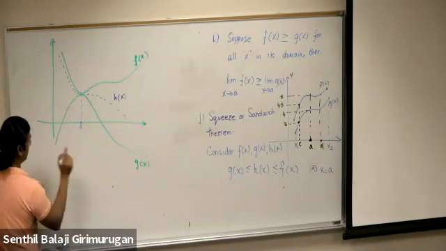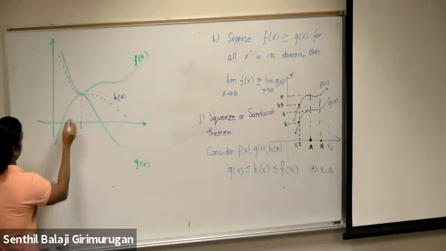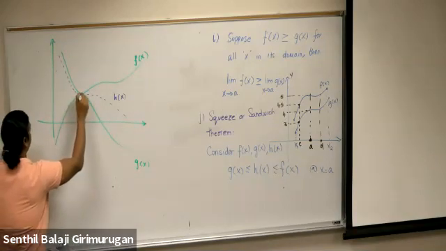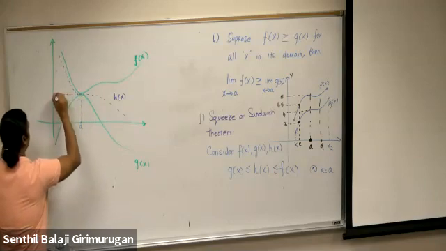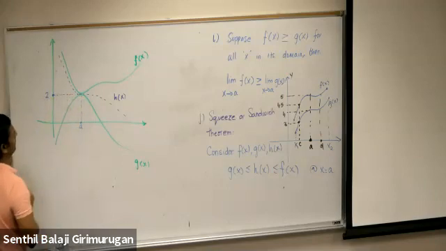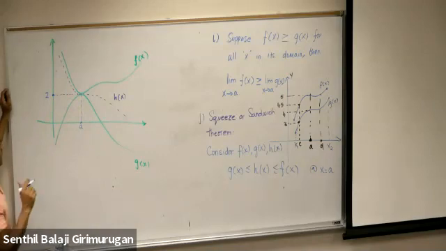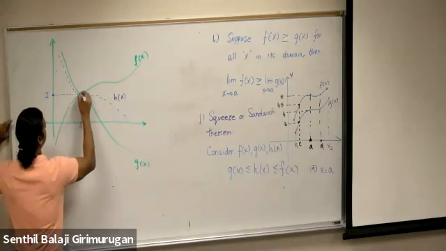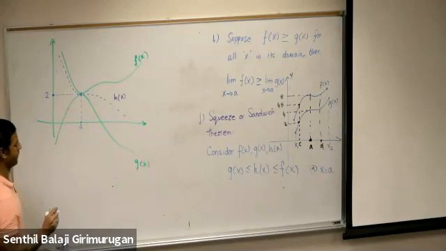Let's see, if that is the case, I'm going to call the limit of g of x and f of x to be 2.